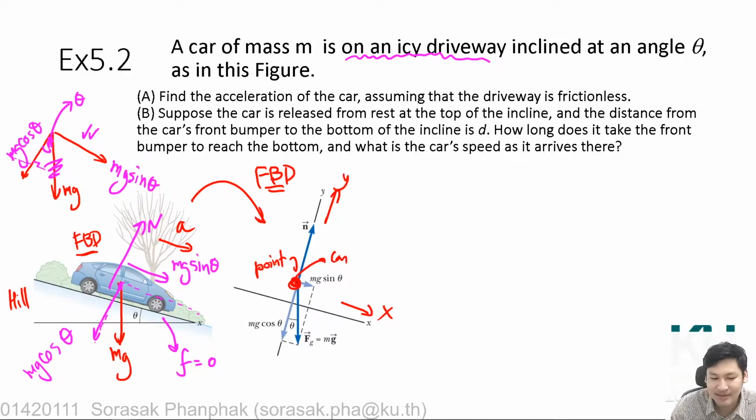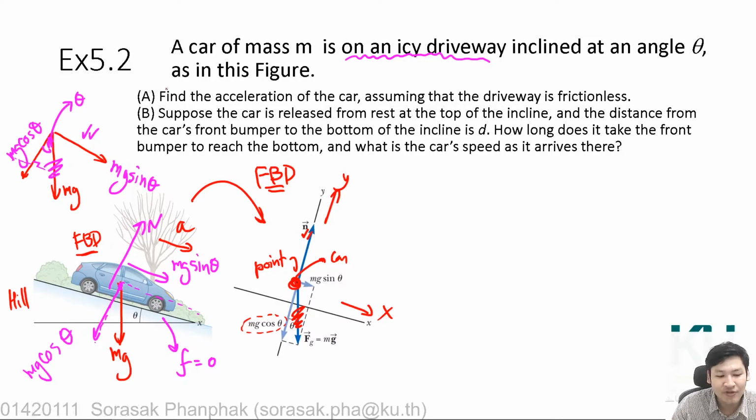This is your car. Now you have mg sine theta pulling it downward toward the x direction. It has the mg cos theta due to the component breakout that pushes on the slope of the hill, and you have the normal force acting in the opposite direction, equal in magnitude to mg cos theta. So this is your free body diagram.